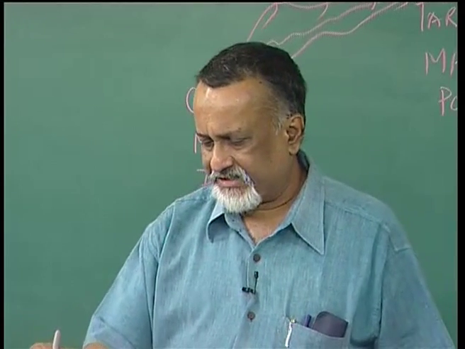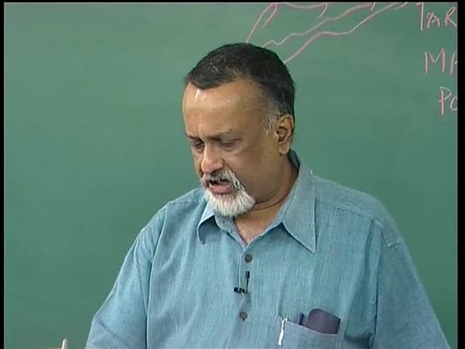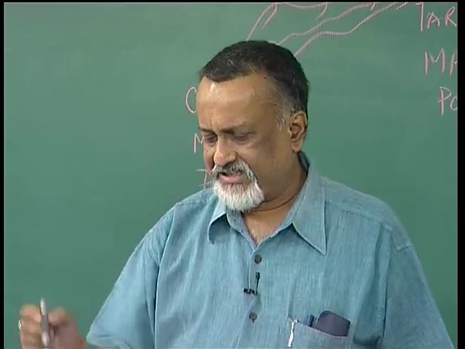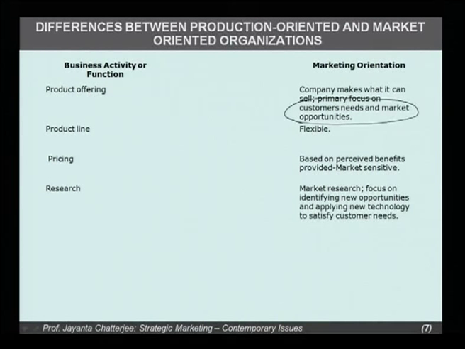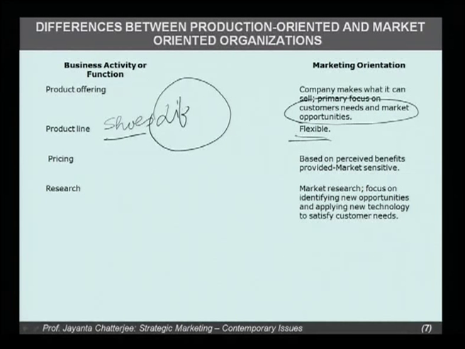So, the whole point is to be focused on customer needs and market opportunities, and be flexible. Therefore, your product line definition need not be shoes, but could be expanded to lifestyle products or active lifestyle products.